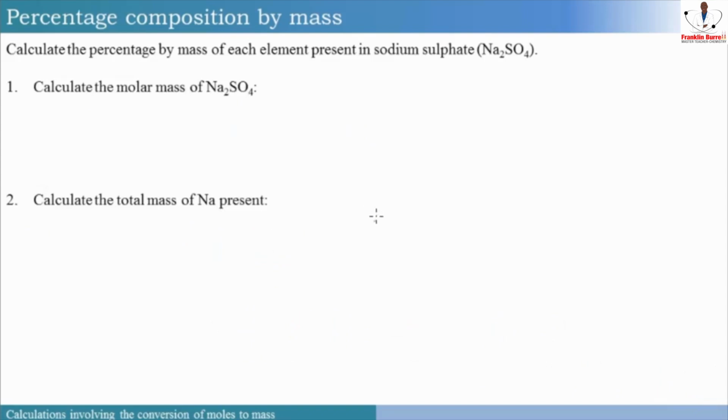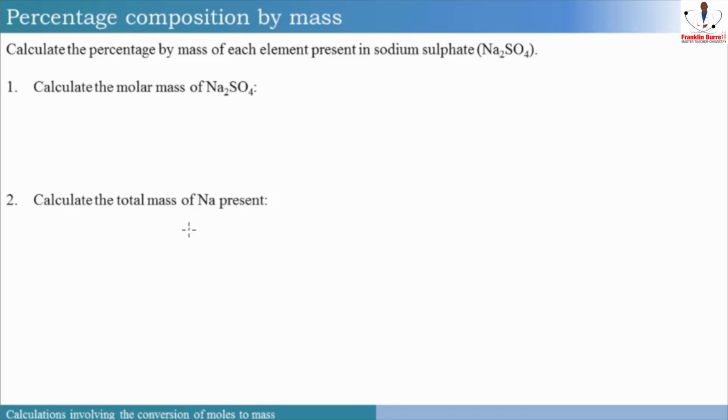Now that was a simple one. Let's look at a more complicated compound. For example, sodium sulfate. Now we are going to calculate the percentage by mass of each element present here. Let's look at sodium first. It is very simple if you remember that in order to find the percentage by mass of an element in a compound, we must use the total mass of that element present over the total mass of the compound.